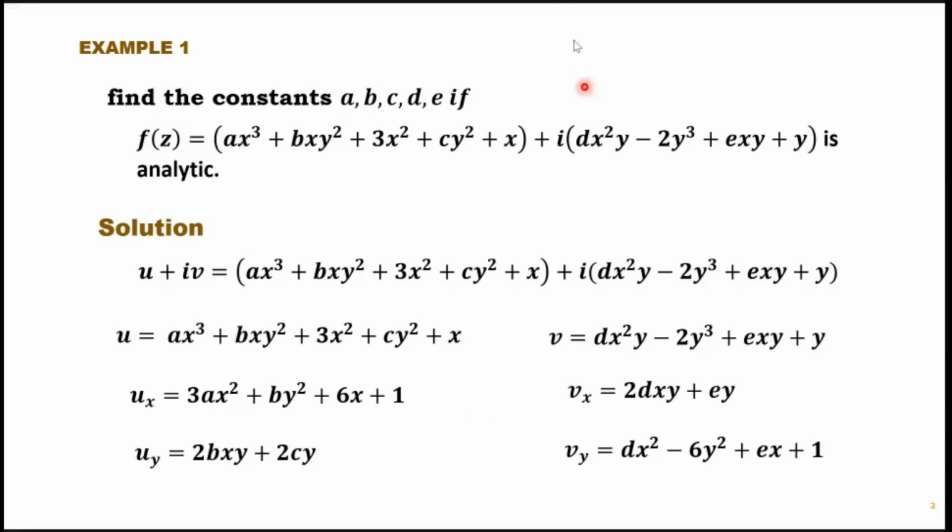Now here it is given that the function is analytic. We need not prove that the function is analytic. It is given, find the constants if f of z is analytic. Function is already analytic, so we can make use of the CR equations. So what are the CR equations then? Since the function is analytic, the first CR equation is ux equal to vy and uy is equal to minus vx.